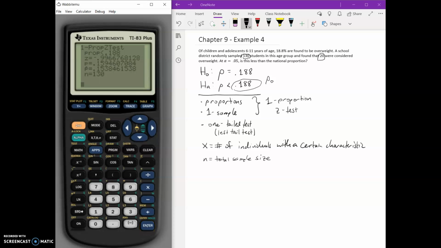Once we have calculated this, we're going to be able to summarize some of the important things. So our test statistic in this case is going to be z equal to -1, and our p-value is going to be 0.1595.